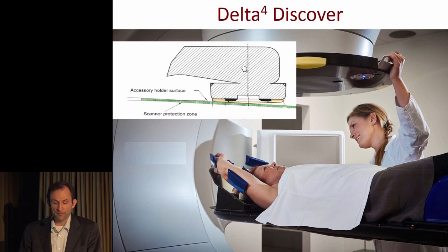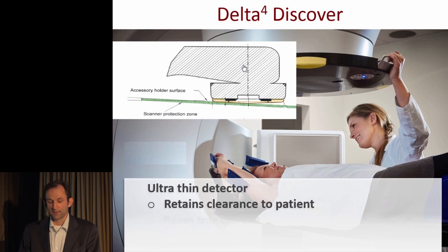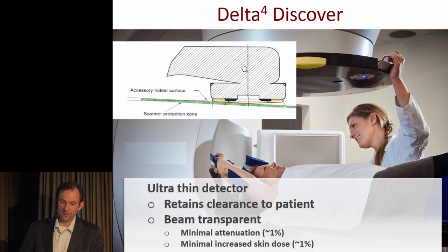The Delta4 Discover is an upstream detector, an extremely thin upstream detector. It fits within the protection zone, the zone defined by the anti-collision laser of the LINAC. And this means it retains the clearance to the patient. It is also very thin regarding beam transparency.